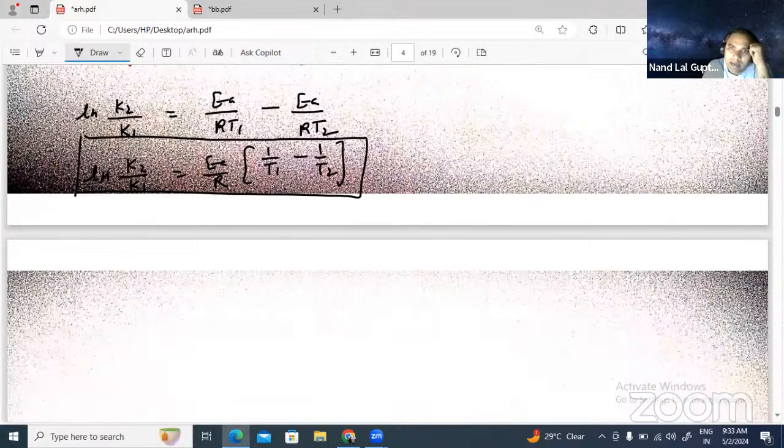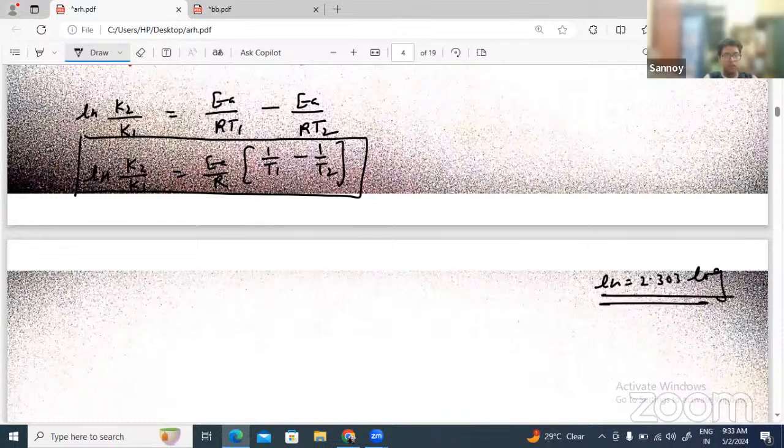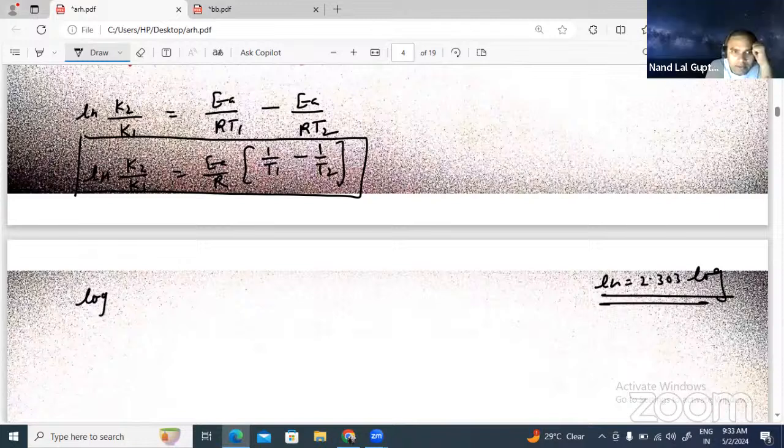Now we also know ln is converted into log base 10 by 2.303. Do you know this conversion? Yes, sir. So firstly we write 2.303 log K2 by K1 equals EA upon R. We can take the LCM also, so it will be T2 minus T1 upon T1 T2.